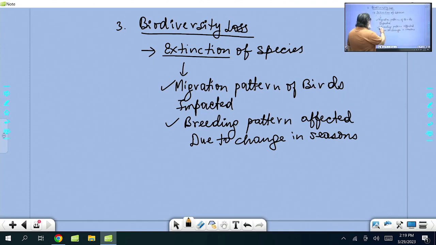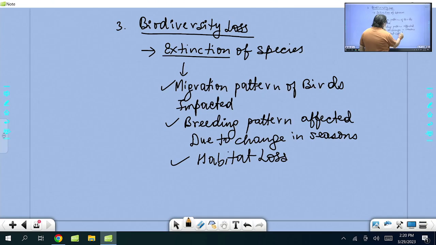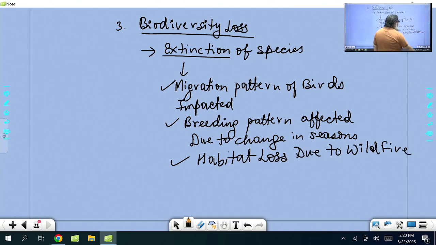So again this part. Then again here, habitat loss. Habitat loss due to, let's say, wildfire, California wildfire, Australia bushfire. In India also we are now witnessing a lot of forest fires. So when the forest burns, birds, mammals, reptiles, whatever species are there, they will be lost.